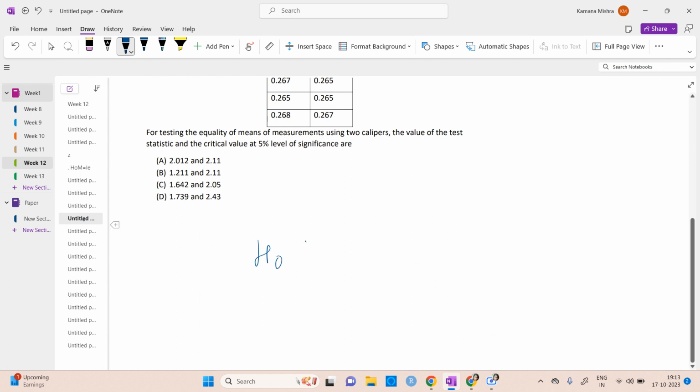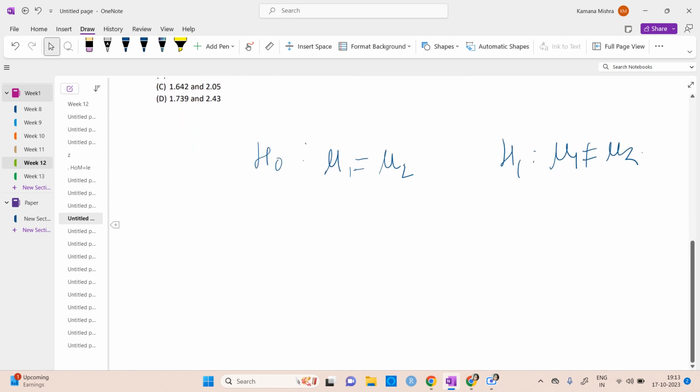So basically H0 we have is mu1 and mu2 are equal, and H1 is mu1 and mu2 are not equal. But here it is not given what is sigma 1 and sigma 2.